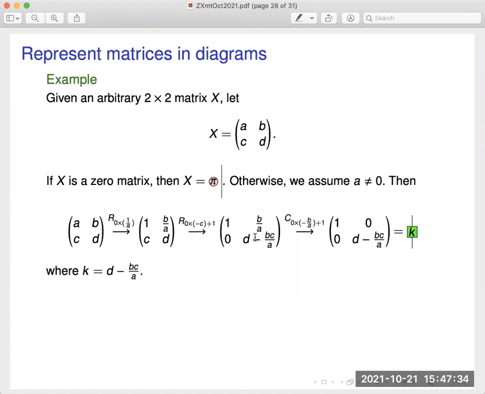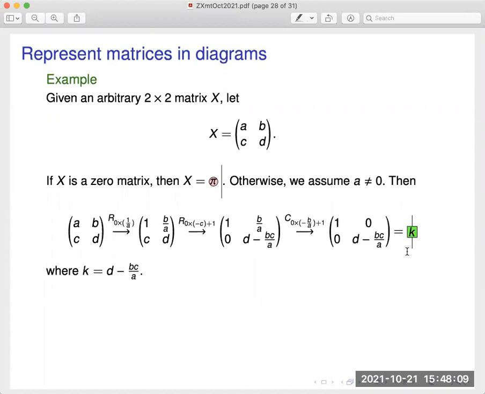Then we want to eliminate this element, so we multiply the first column by minus B over A and add it to the second column. Then we get this diagonal matrix. Here we don't need to make it the standard form, because we already know how to represent this diagonal matrix. It's just a green node labelled by k, where k is this element.